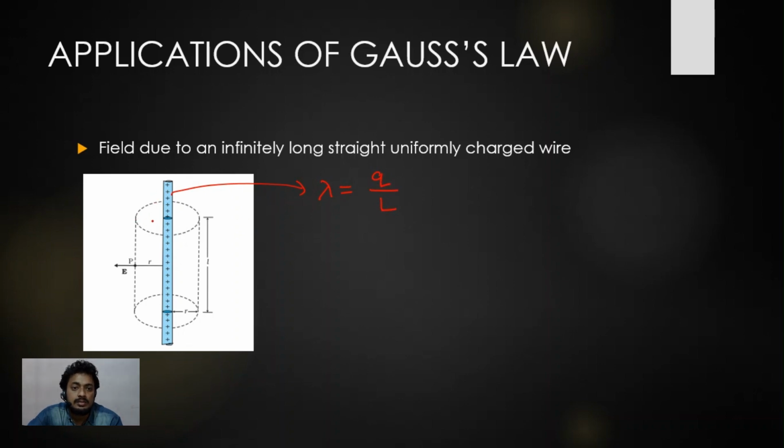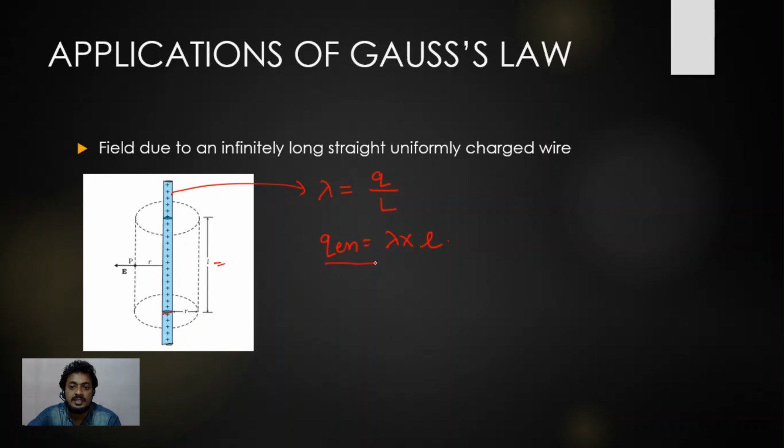Now you are taking an imaginary cylinder. Okay, so this is the imaginary cylinder, the dotted line. So what is the charge enclosed by this cylinder? So Q enclosed will be lambda into length. So here let's assume the L is length of cylinder.